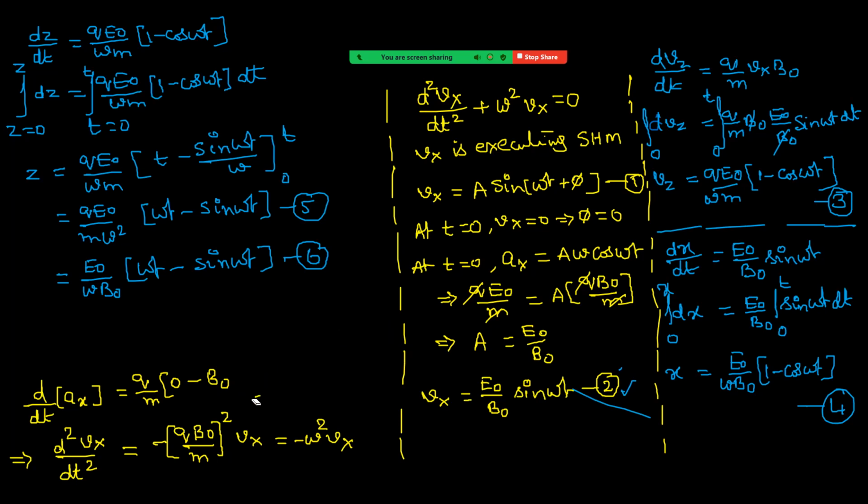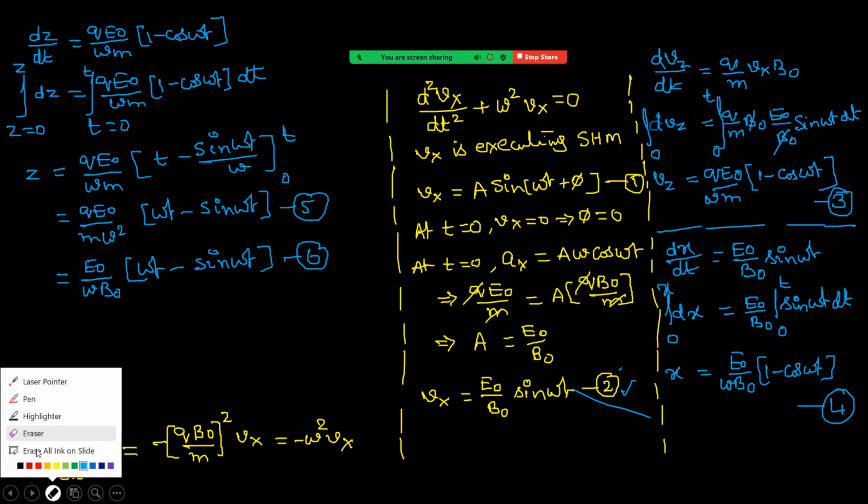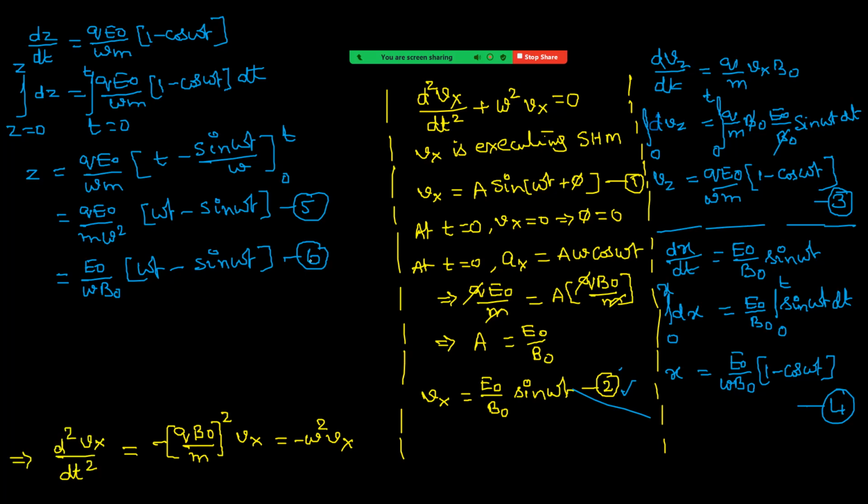I am repeating: imagine a ring is rolling. Take one point on the circumference. The path of this point is a cycloid, and for the cycloid, equations are given by equation 6 and equation 4.